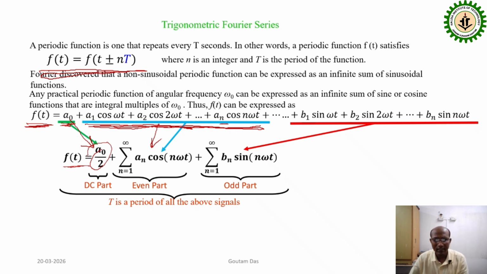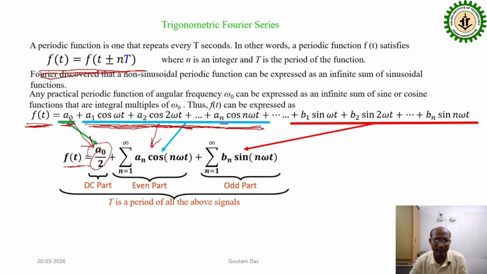So we can say the Fourier series is a combination of a DC signal, a set of even functions, the cosine functions with different harmonic components, and similarly a set of odd functions, the sine functions with different harmonic components.